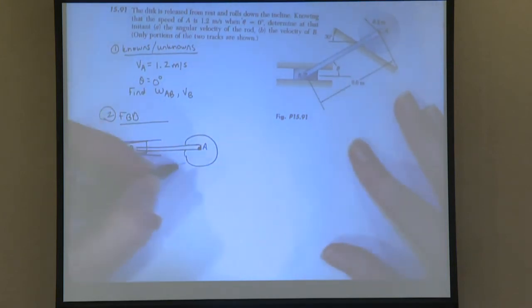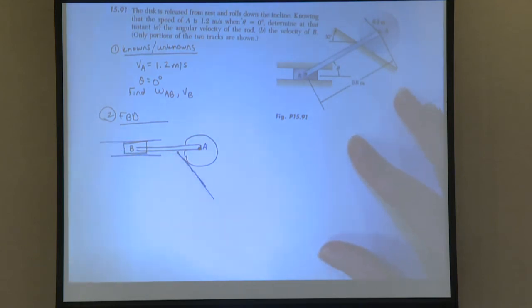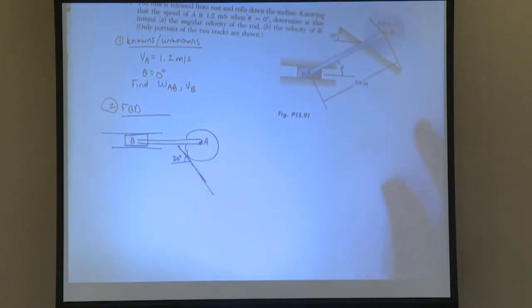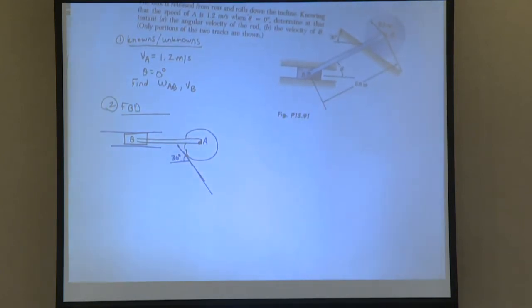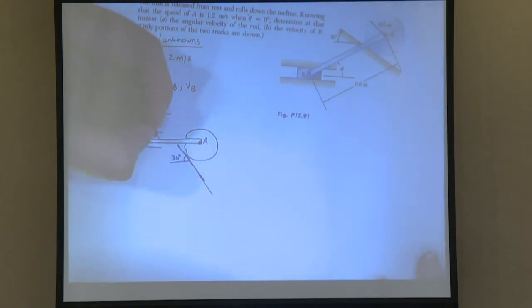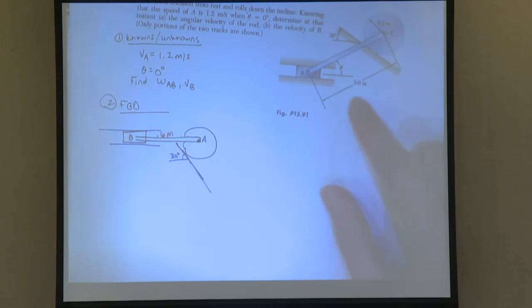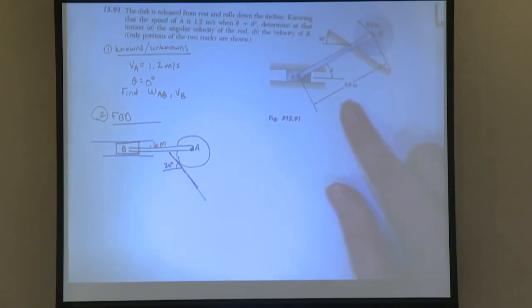That should be at the center, just saying. So this is going down this. That's a very steep 30 degrees, but that's our incline. That's more like 60, but I'm an engineer, right? Not an artist. Let's also put the distance on here. So we know that the distance from A to B is 0.6 meters.